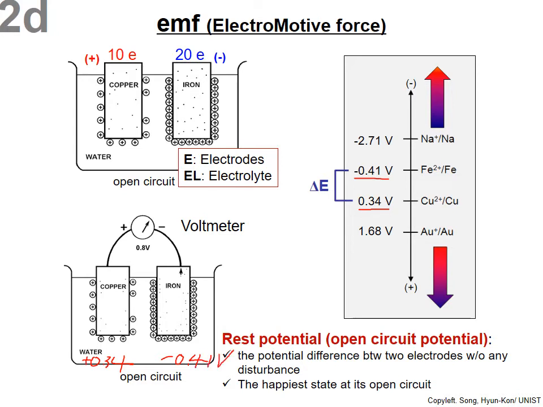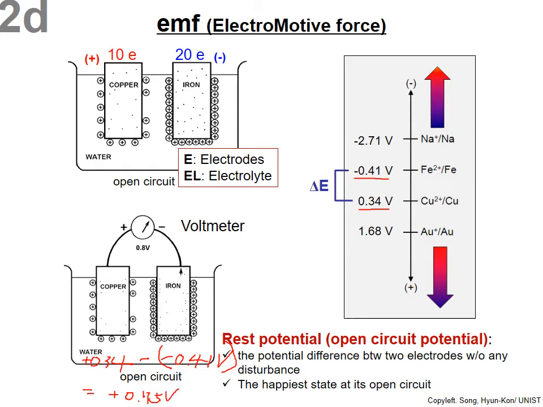So the value displayed on the voltmeter would be estimated by subtracting the negative value from the positive one. So minus. Then finally, I can say the displayed value should be plus 0.75 volt.